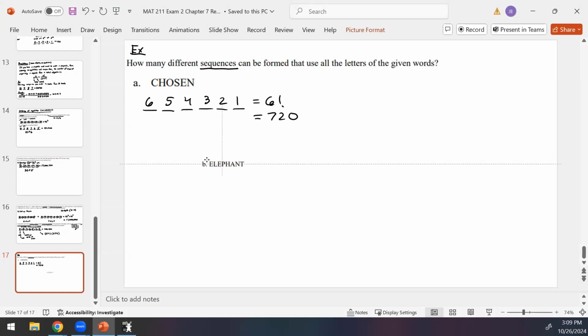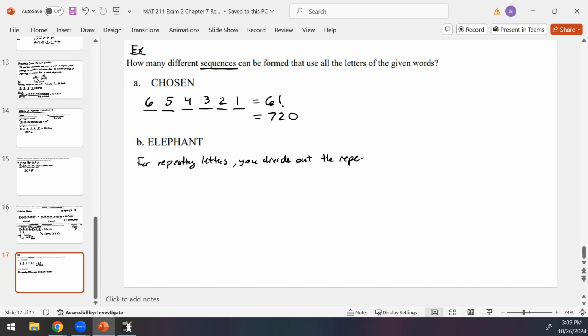And so part of the rule for permutations is no repetitions, okay? But what happens when you do have repetitions? Do you just give up and not do the problem? No, we actually have a technique for that. So for repetition, you divide out the repeated letters. So here's the formula. It's not too terrible a formula to memorize.